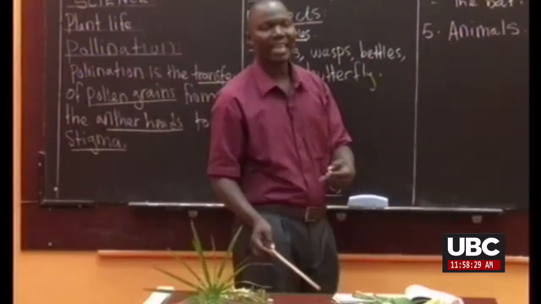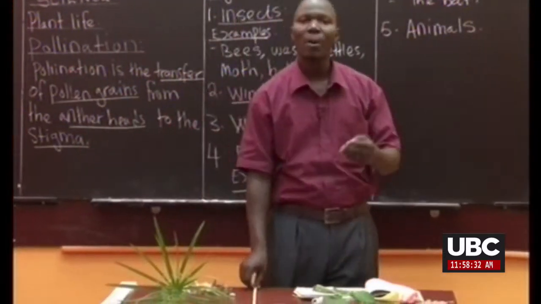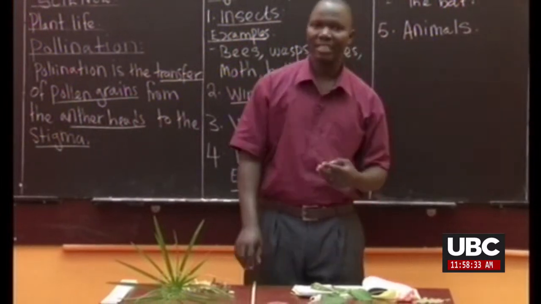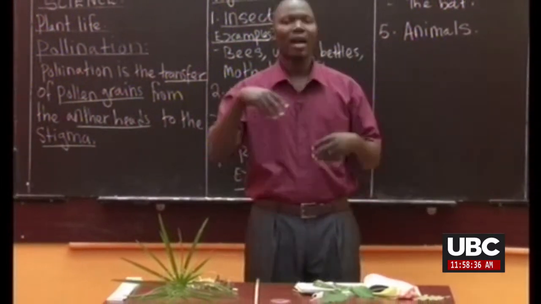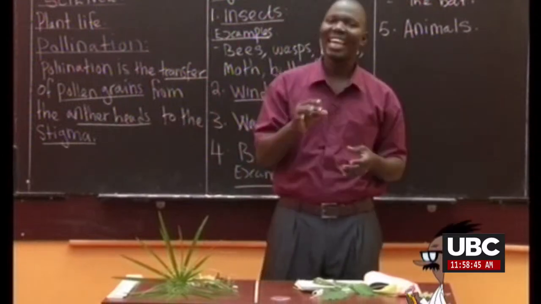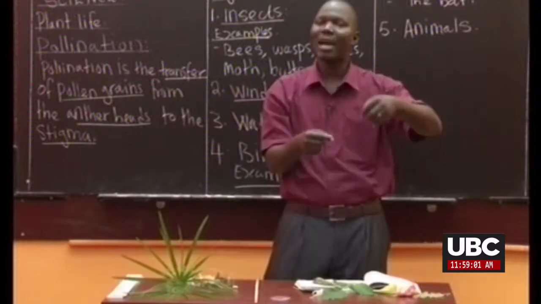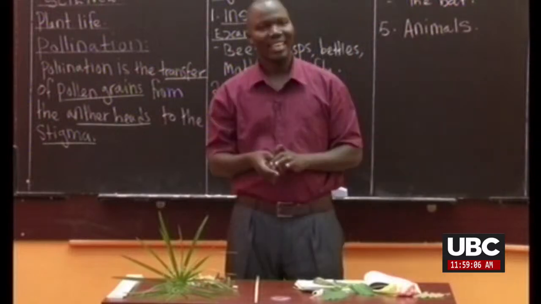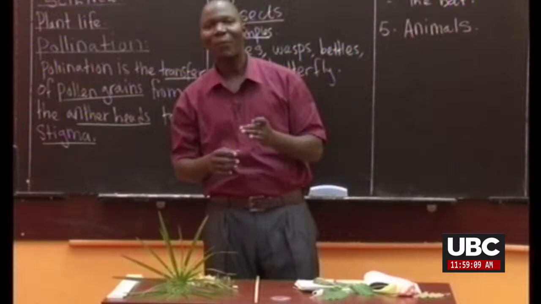They are the agents of pollination. We shall see more on pollination by insects in our next coming lessons. But as for now, we come to the end of our lesson.